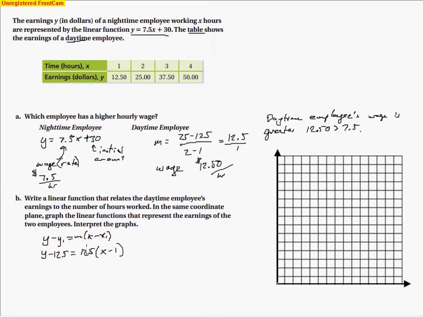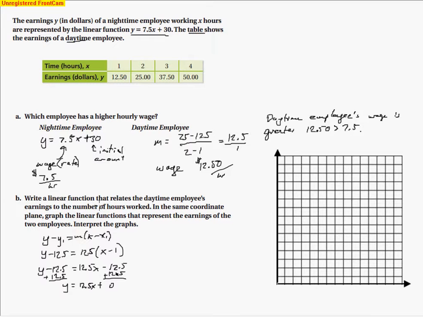So we distribute, and I got y minus 12.5 equals 12.5x minus 12.5. So I go ahead and add the 12.5 to both sides, and you see how the 12.5s cancel out. They make 0. So this employee, the daytime employee, doesn't get that extra incentive to work because it's during the daytime. It's not as hard to get them to work then. So they earn more, but they start off with less.